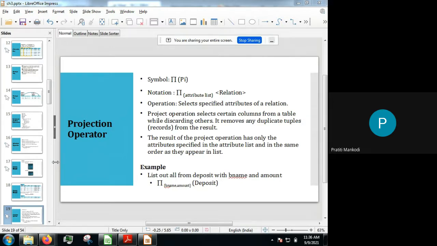But if I want to filter at row level, we use the where clause. So if I want to select some of the columns, I will use projection. The notation is pi. Pi, then the list of attributes, the list of column names you want from the table, and the relation. Clear? The attribute list is separated by commas: account number, name, city, branch, like that. Fine? It selects specified attributes of a relation. The entire column will be selected.